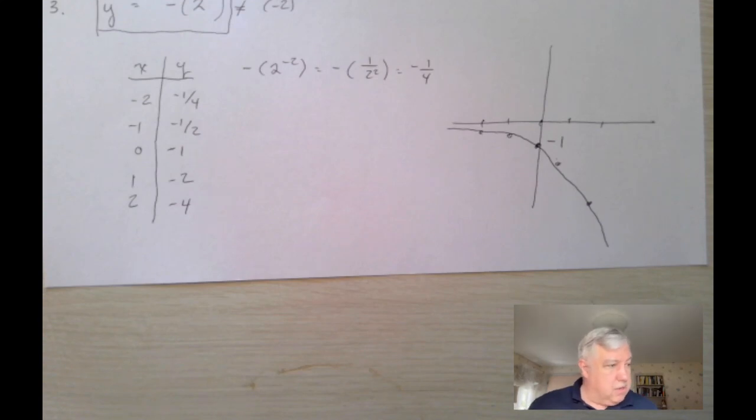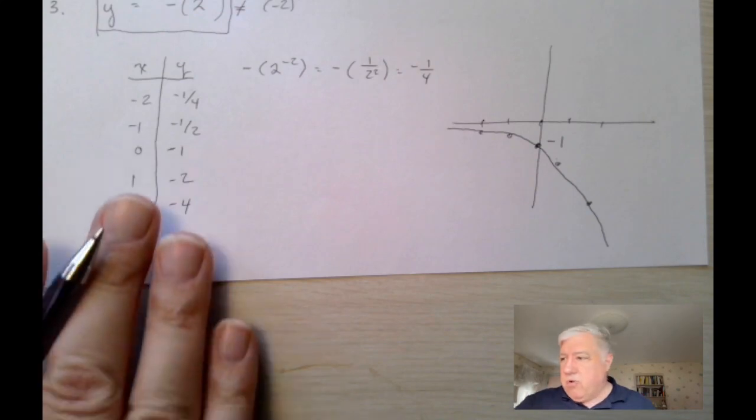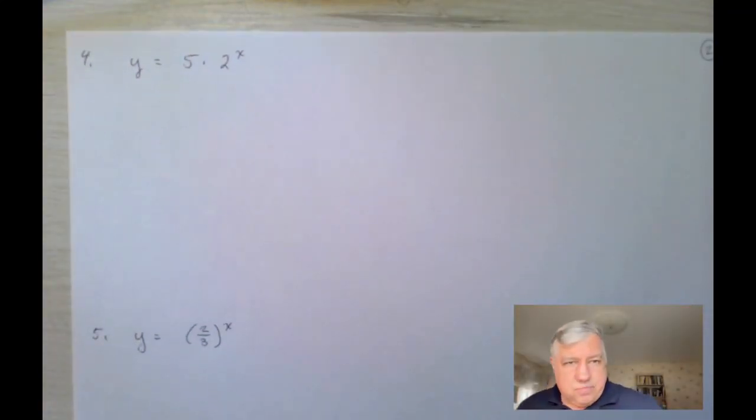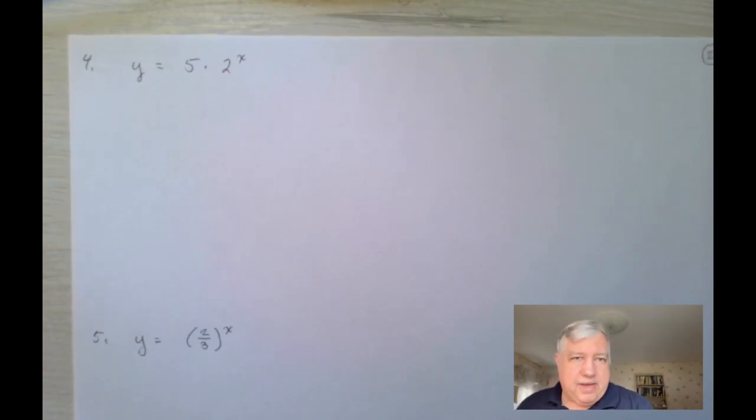Let's look at maybe one more example here: y equals 5 times 2 to the x.